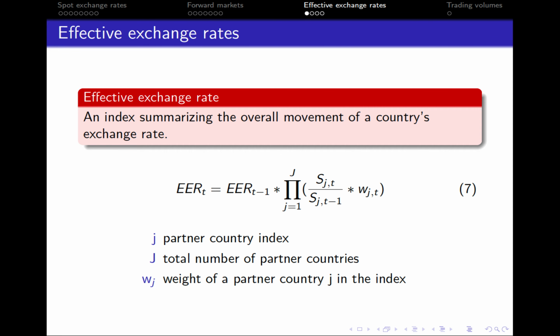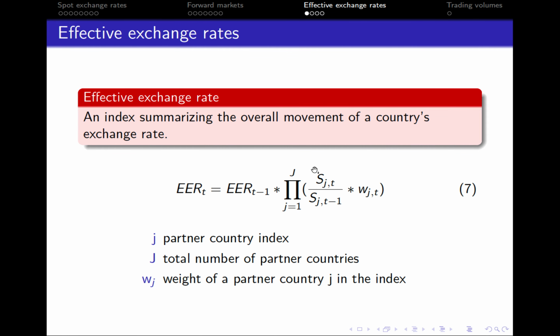Look, we usually calculate it in the following way. The effective exchange rate at time t is equal to the effective exchange rate at time t minus 1 times, here we have a product symbol, because you can think about it as a weighted geometric average.